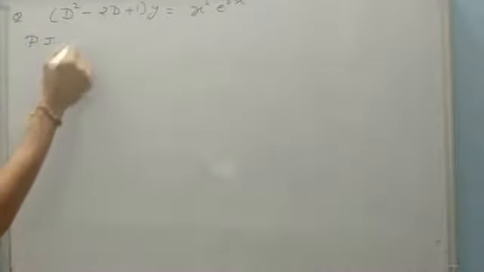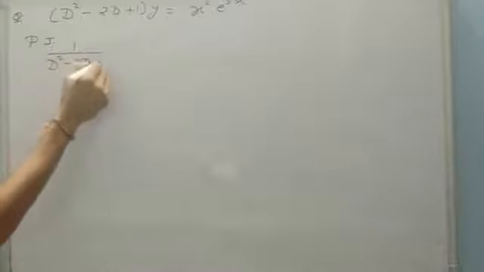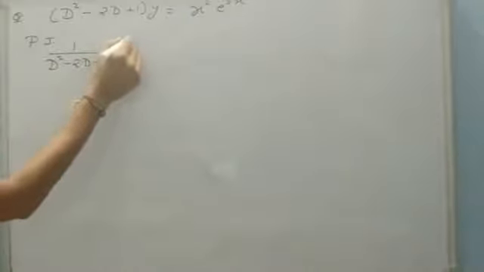Now this is the question I have to solve. I am going straight to solving the particular integral. You know how to find the complementary function CF. I am going for the PI now. That is 1 upon D square minus 2D plus 1 of e to the power 3x x square.